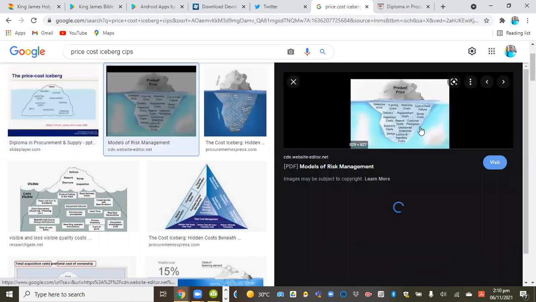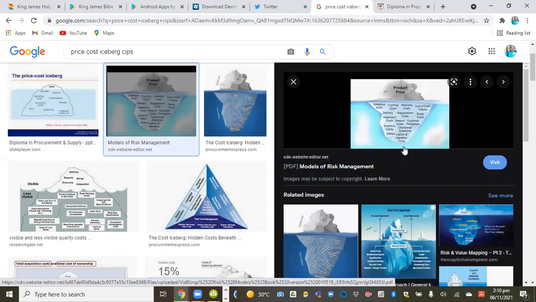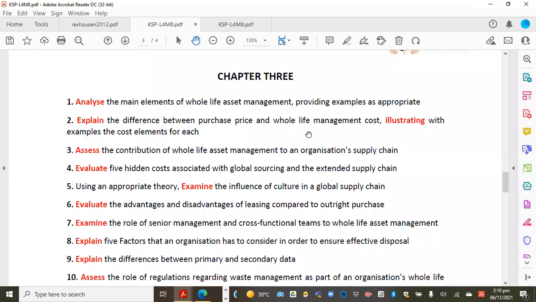And even with this, you see defect work, training cost, delivery, inspection cost, rework, replacement cost, scrap cost, which is disposal, cost of field failure, warranty cost. These are all elements of the whole life assets management or whole life cost.